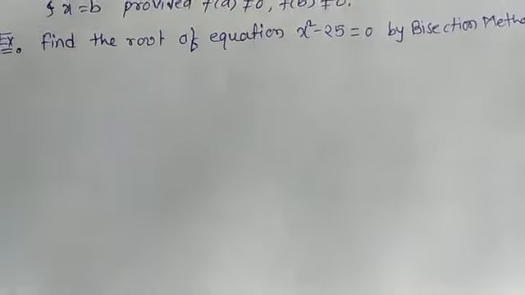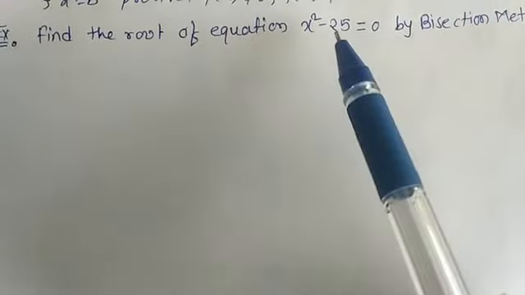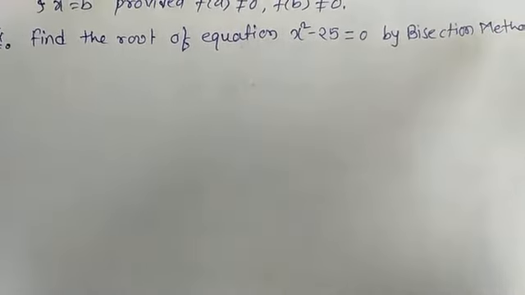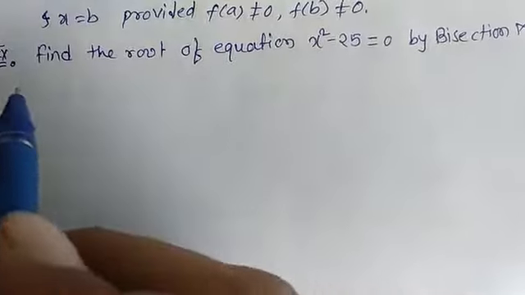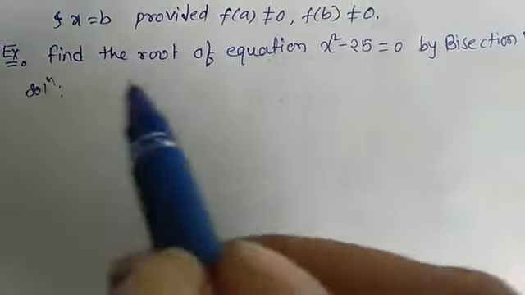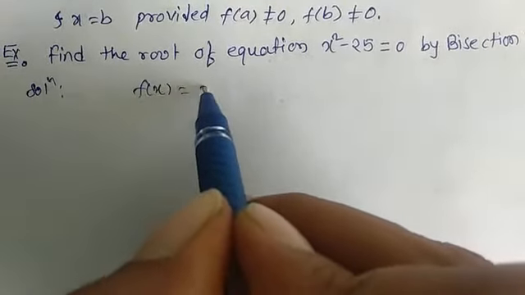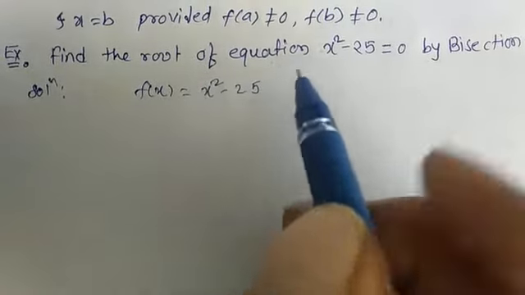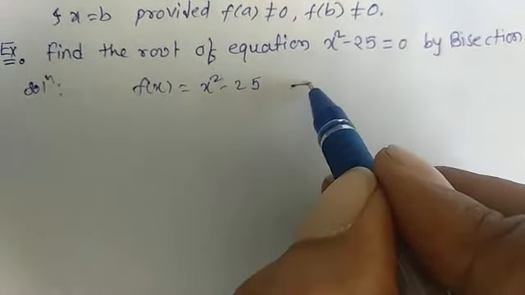Now consider the example: find the root of the equation x square minus 25 equal to 0 by the bisection method. In this solution, consider f of x is equal to x square minus 25. Write it as equation number 1.